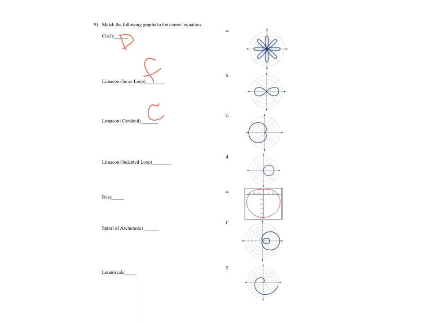That one is E. The rose, of course, is the flower, the one with the petals. That's A. The spiral of Archimedes is exactly what that sounds like. It's a spiral. And the lemniscate, that one is the ribbon, and that's B. And that's it. You just have to match the graph's name with the graph.